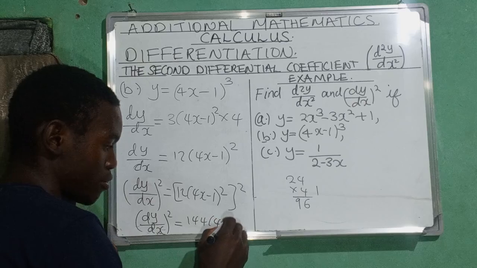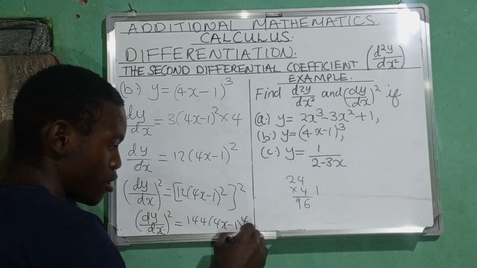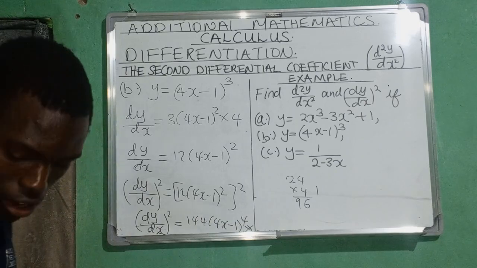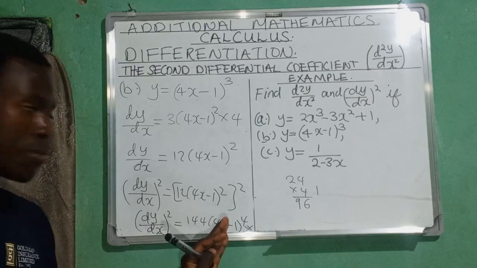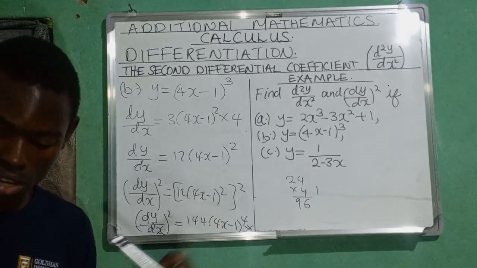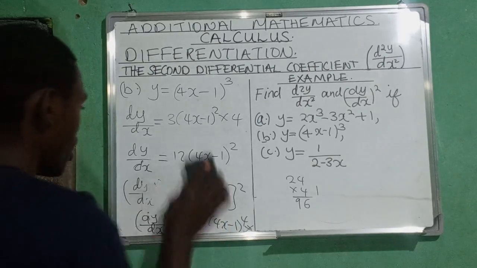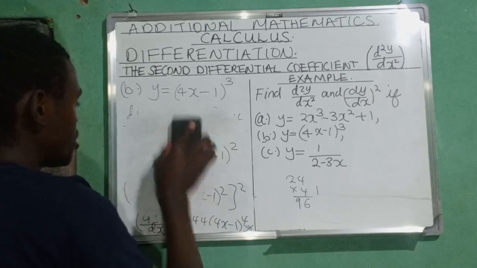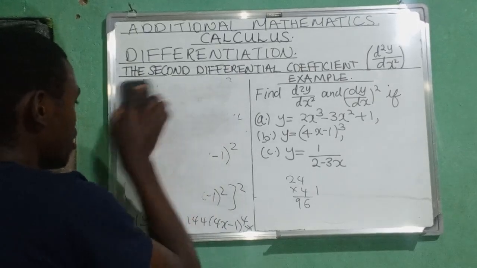So it will be 144 times (4x minus 1) raised to the power 4 as your final answer. This answer and what we found for d2y/dx2 are not the same, proving that (dy/dx) squared is not equal to d2y/dx2.